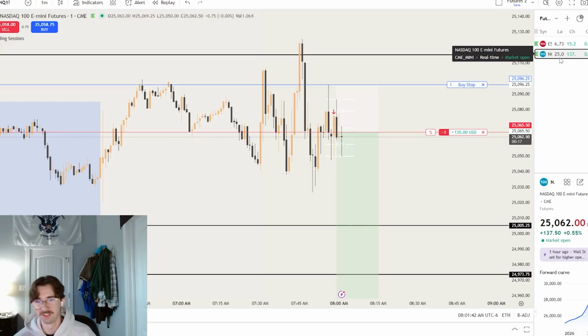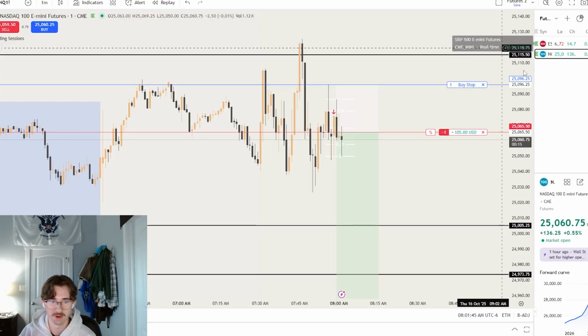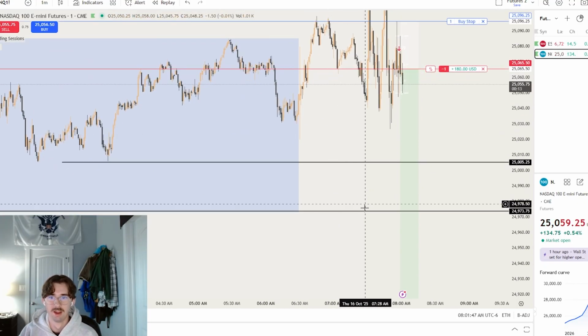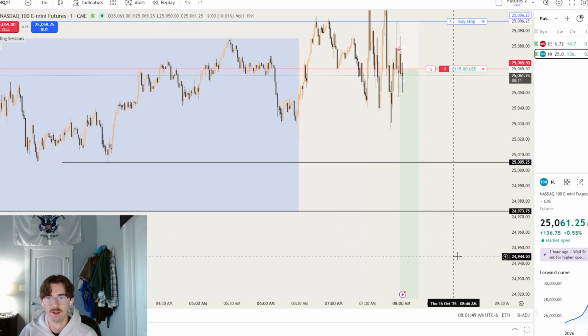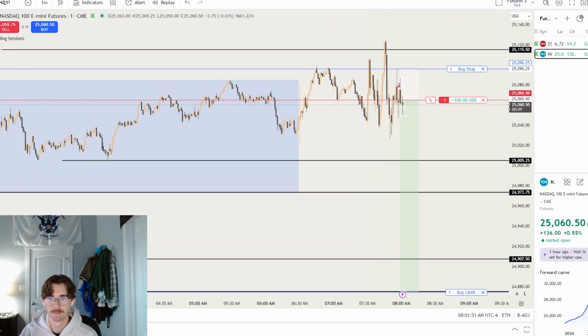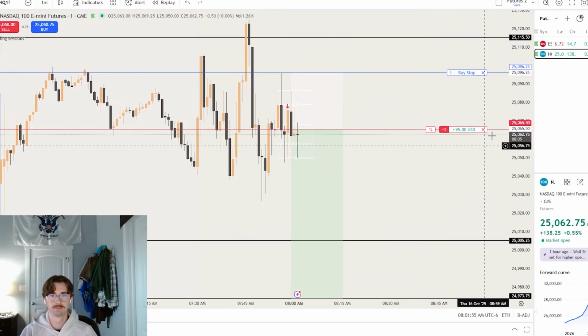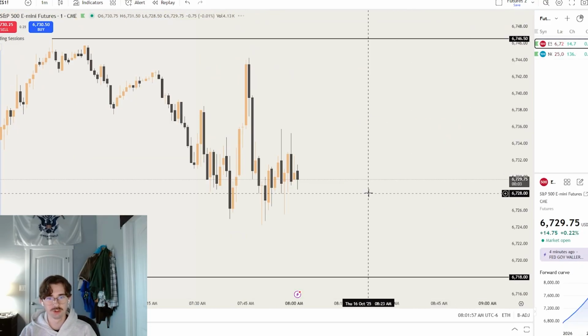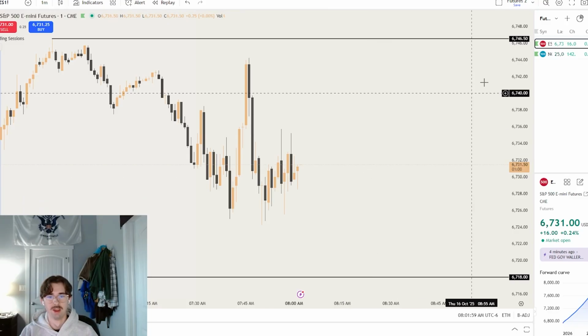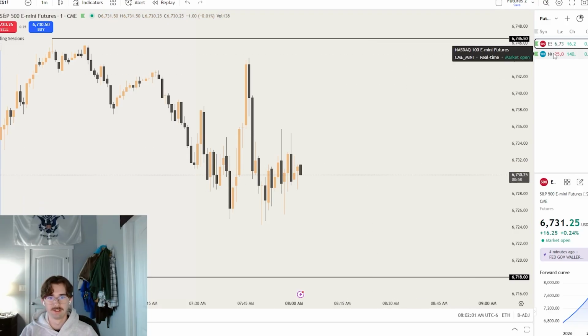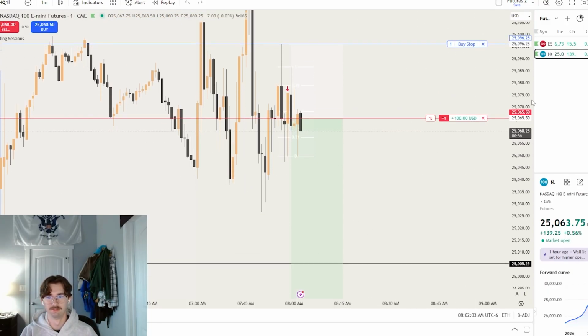Knock on my desk. Price is prime to come down to London. It's prime to come down here. But we're just straight consolidation right now, which is just dumb.